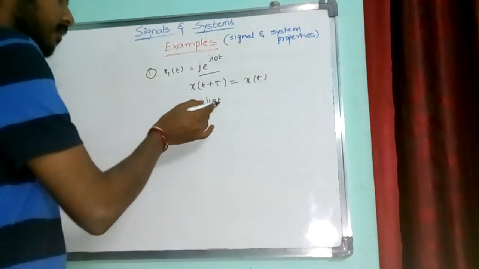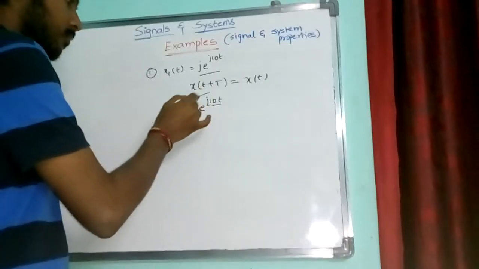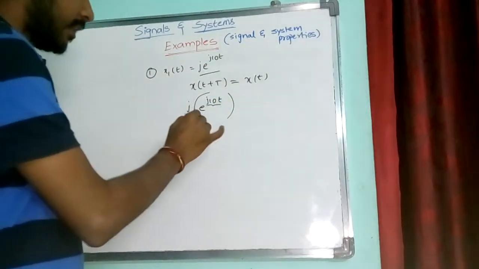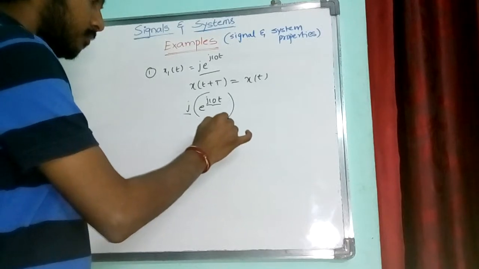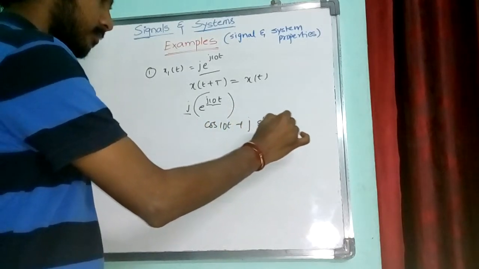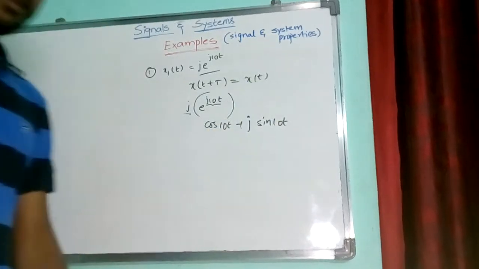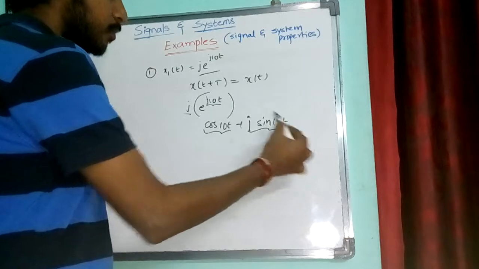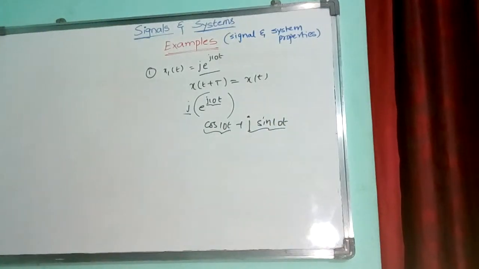So I'll take this term, e power j 10t, which is cos 10t plus j sin 10t. This is the complex exponential signal, which is always a periodic signal.